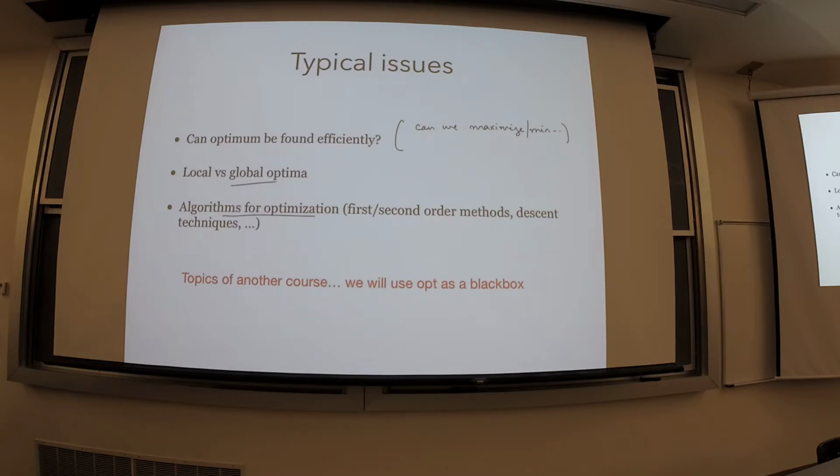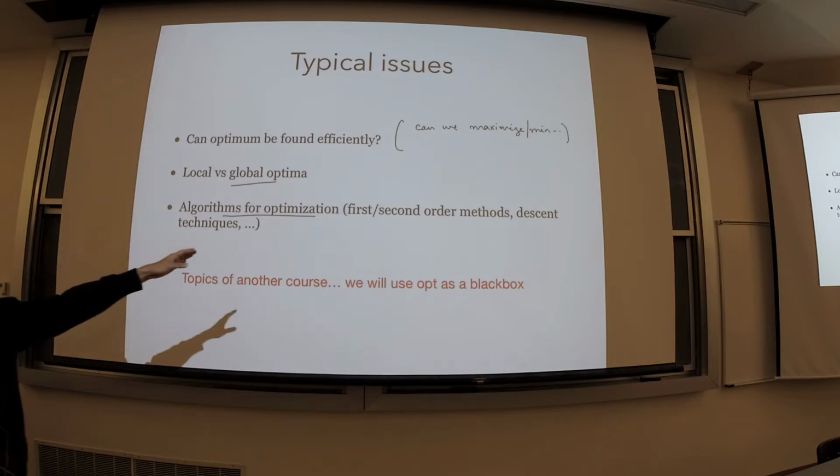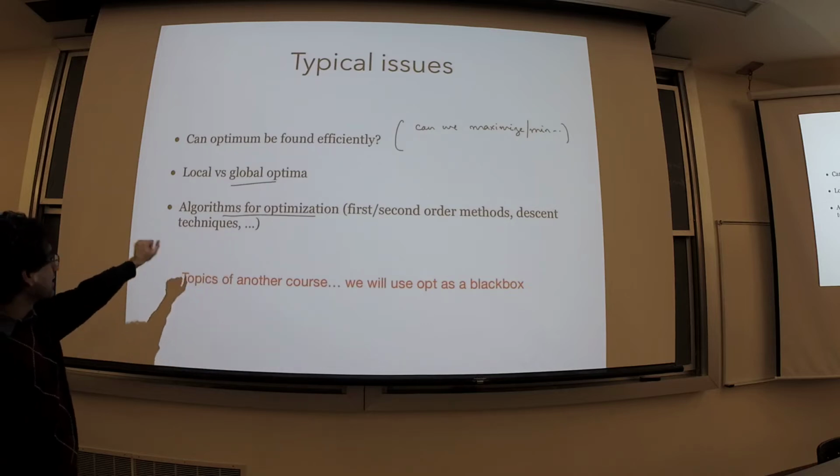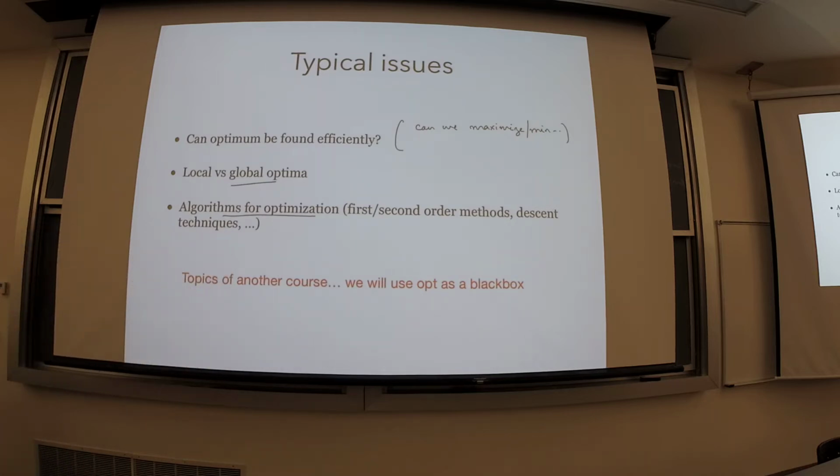There's a huge amount of literature. Some of you may have seen this very thick book by Boyd and Vandenberghe about optimization. Optimization is a very well studied area, and there are all kinds of methods, mostly gradient descent type methods that people use in various settings.